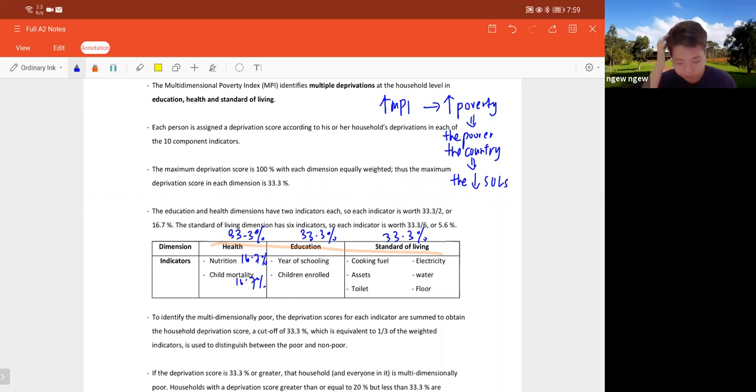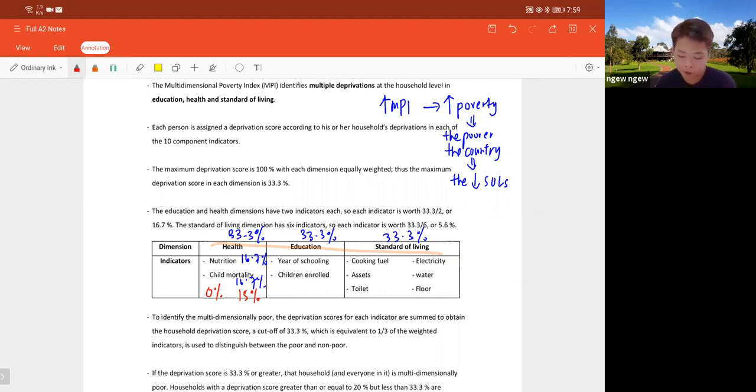Let's say in country A, they didn't face any problem of child mortality. So in terms of this health category, in terms of child mortality, they will be scoring 0%, compared to some African countries which face severe child mortality problems. Then their score might be higher, like 15% or 16%, or the worst case is 16.7.